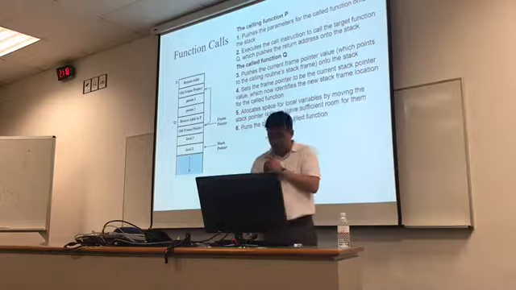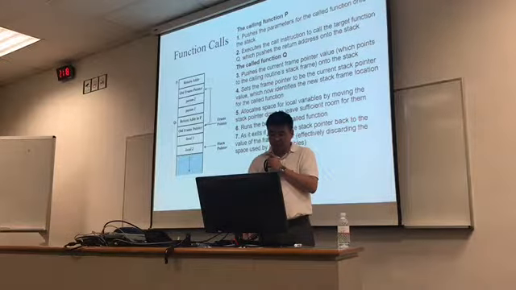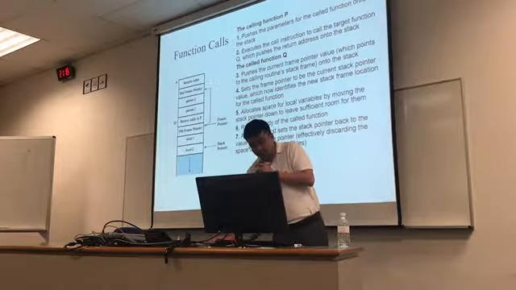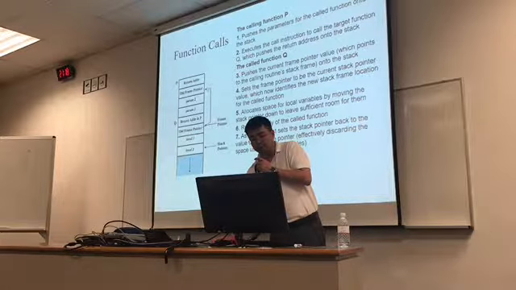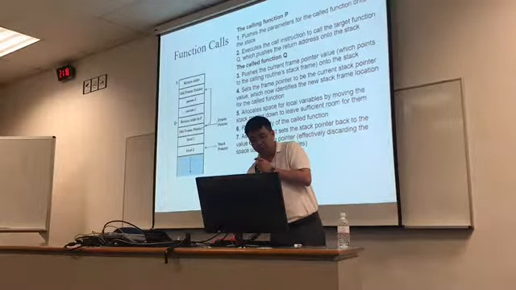After you finish the execution of function Q, you need to set the stack pointer back to this frame pointer. And then you will pop up the data here. Because this one is pointing to the stack of P, you pop up the data here, and now you relocate this frame pointer back to this location.